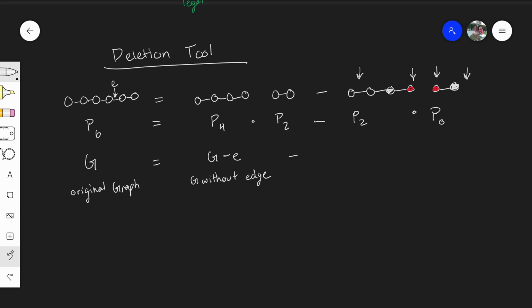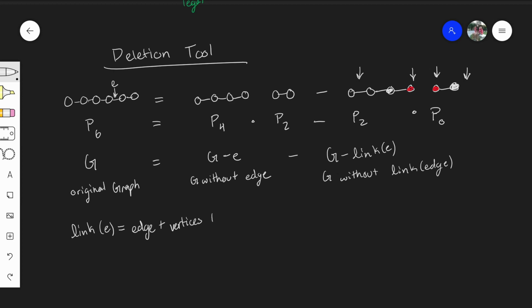Effectively, this means that we could equivalently represent the right graph over here as if it was without the red and white. We define something called a link. The link of edge E is a graph of the edge plus the vertices connecting the edge plus the vertices connected to the vertices.